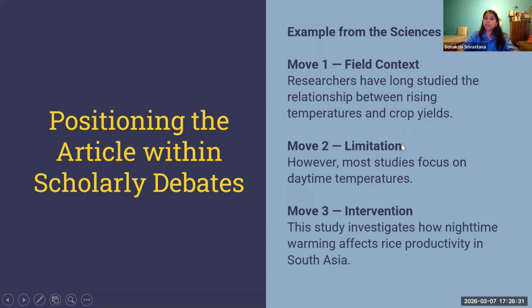After this, you can introduce your limitation: However, most studies focus on daytime temperatures. And then pitch in your intervention: This study investigates how nighttime warming affects rice productivity in South Asia.